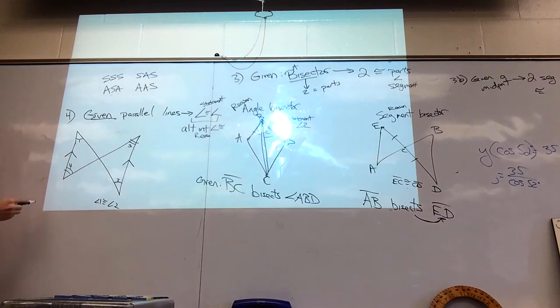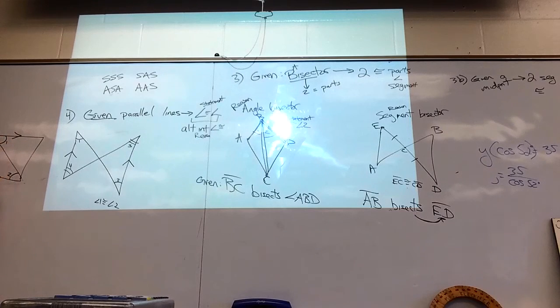Another place you'll see parallel lines will be ones like this, with the lines that look like this. Okay. In a picture like this, if they give you parallel lines and your diagram looks something like this, the alternate interior angles are going to be the angles that are actually connected to the parallel lines.